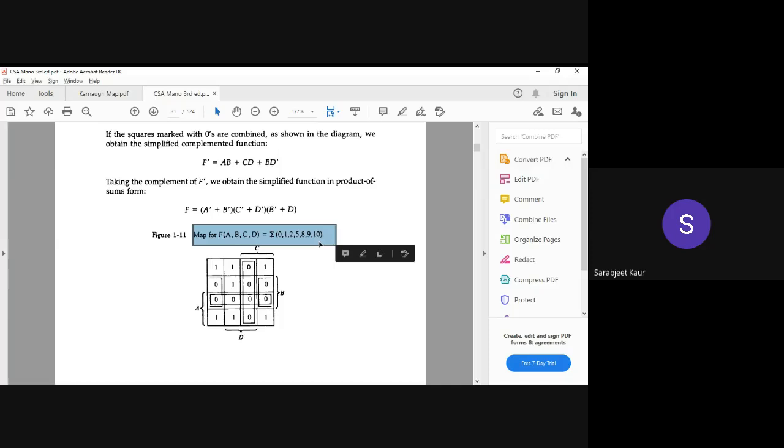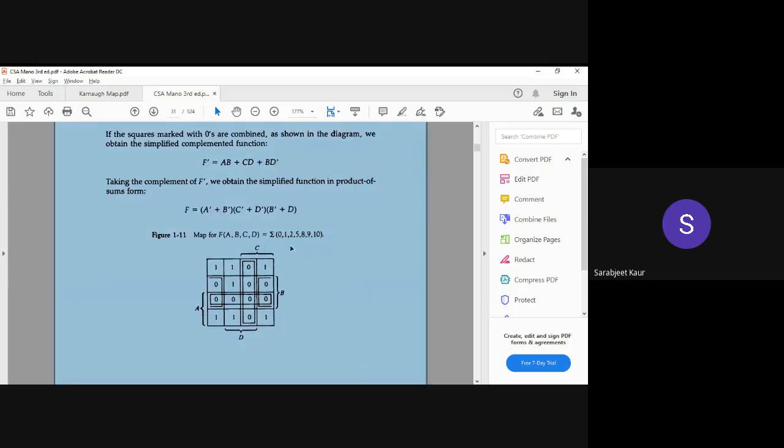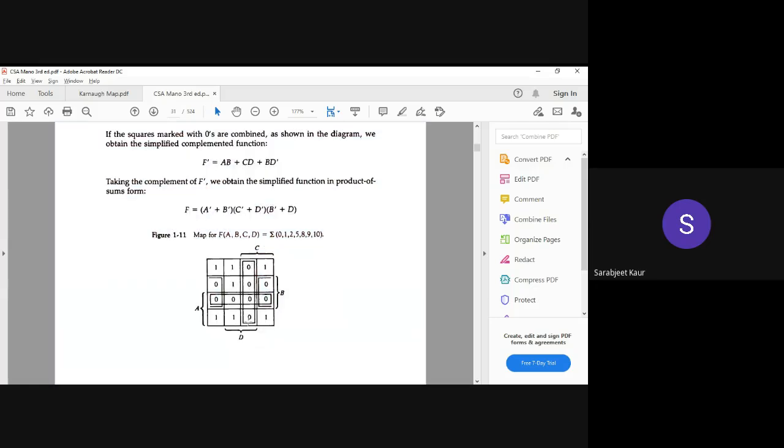The same thing. It would have been one step less. Here first you have to mark ones and then the remaining squares you mark as zeros and then you start doing your procedure. If you were directly given max terms, then you would have directly put them as zeros. Yes or no?